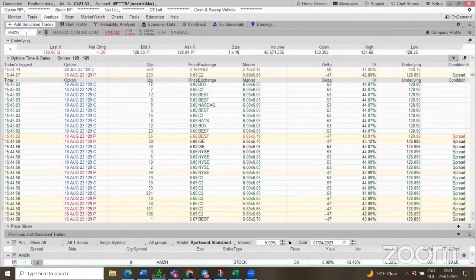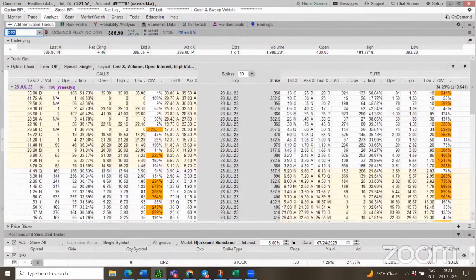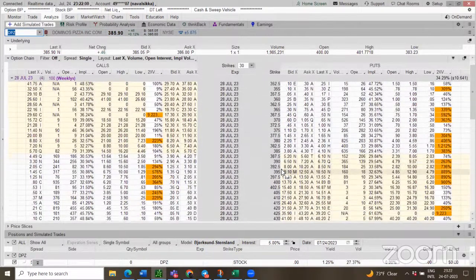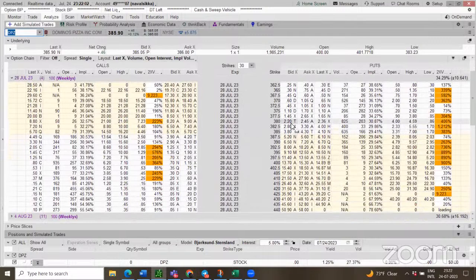Look at the spreads of DPZ. 385, 380, 220, 245, 145, 265. Look at the volume here. If you get stuck, you will not be able to sell these at all. So think about that.